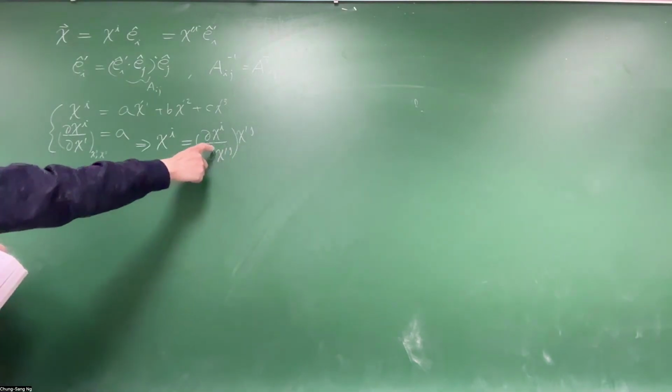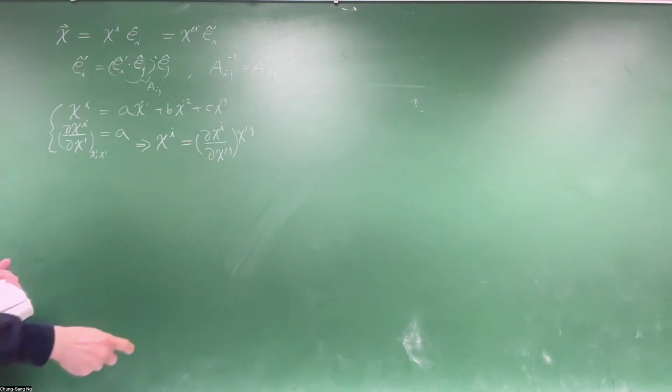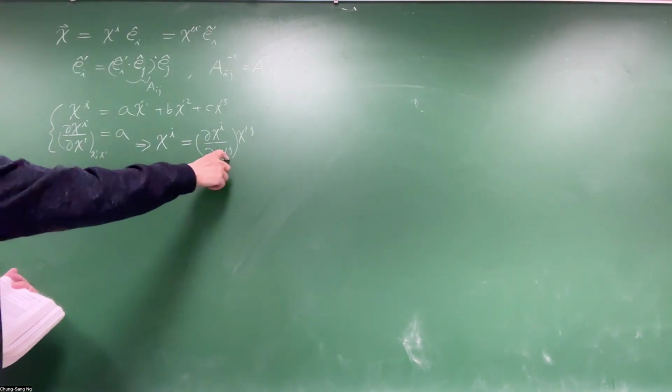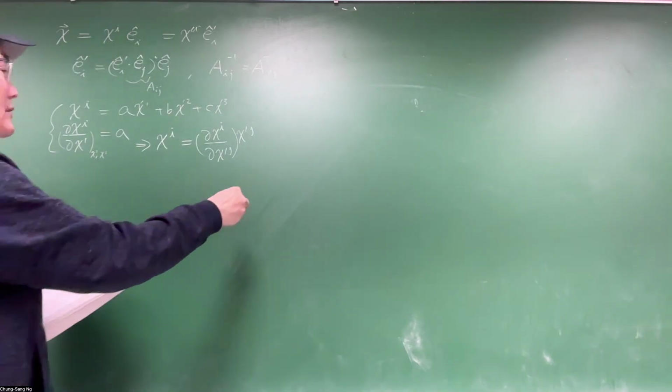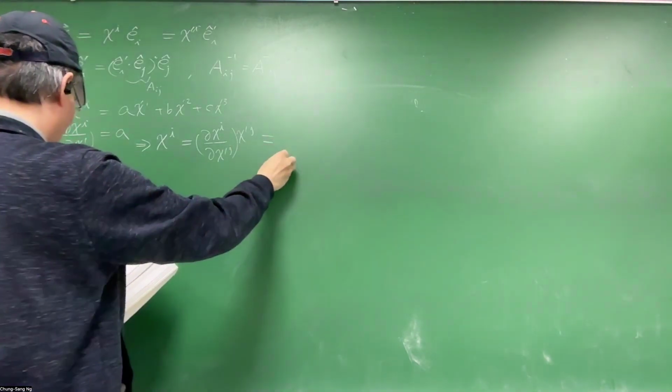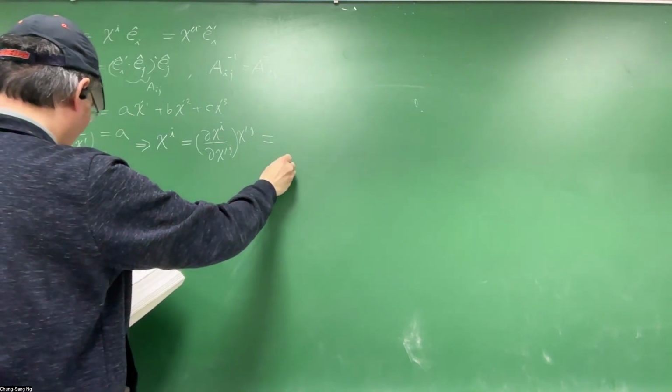And this is also like a matrix. This is like a matrix, and it's in your textbook. J, yeah, this is J. And in the textbook it's called S, S i j or something.